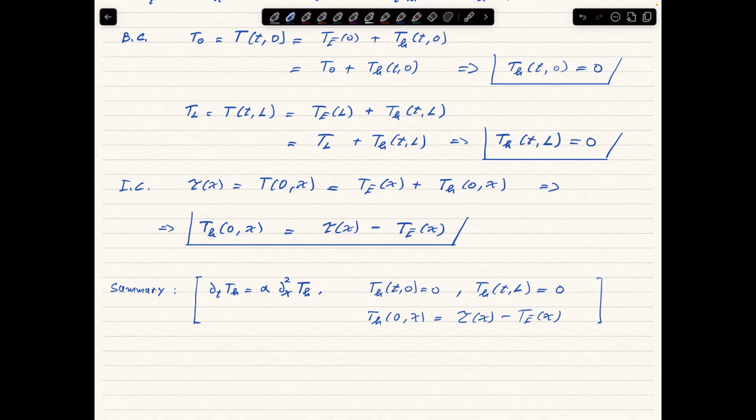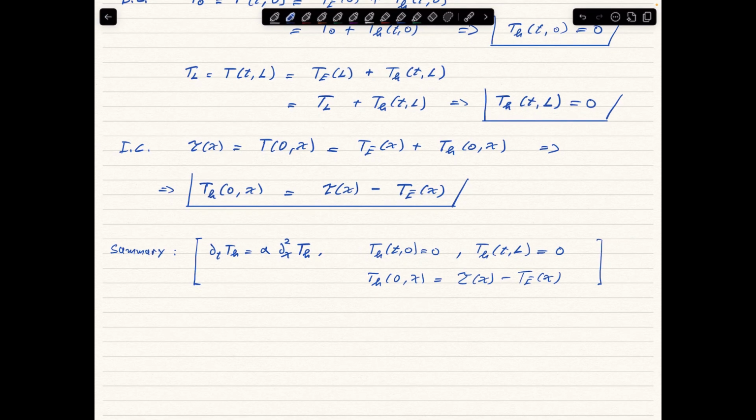But this is a homogeneous initial boundary value problem, so we know what the solution is. The solution is that TH of t, x is going to be a sum from n equals 1 to infinity of coefficients, because this is a homogeneous Dirichlet boundary condition.